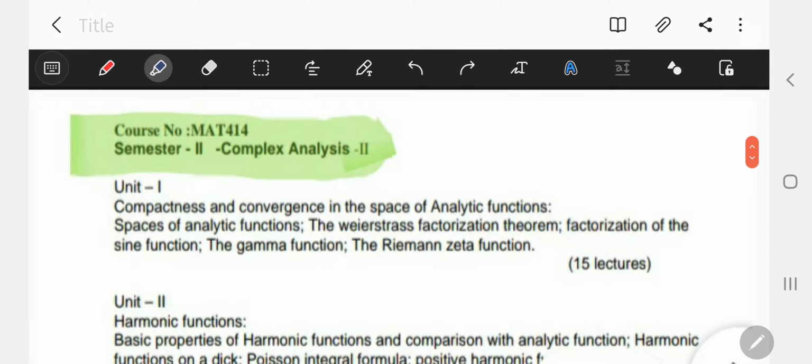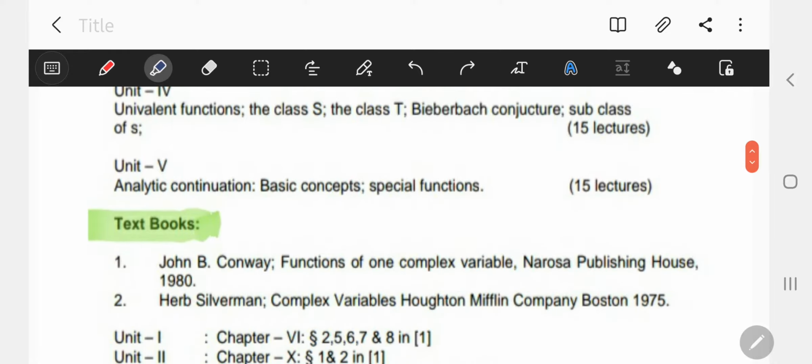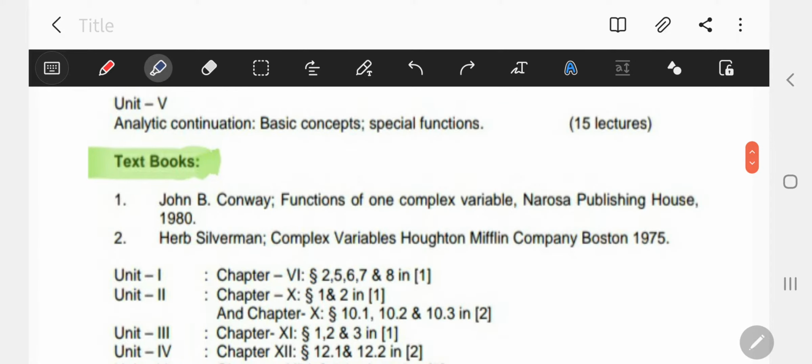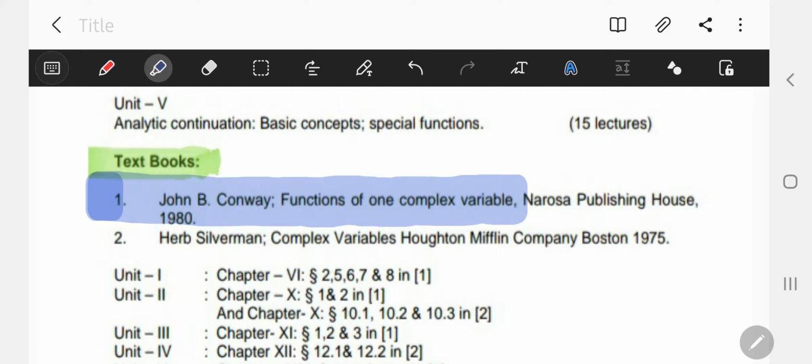Again there are 5 units, unit 1 to unit 5, but there are 2 books for this Complex Analysis. The first textbook is Functions of One Complex Variable by John Conway, and the second textbook is Complex Variables by Herb Silverman.